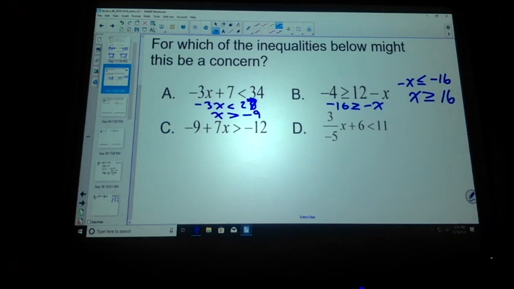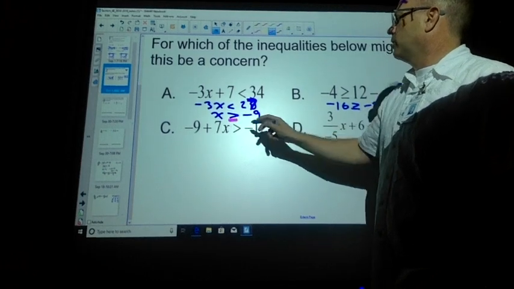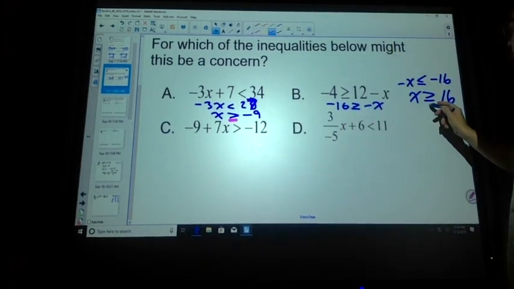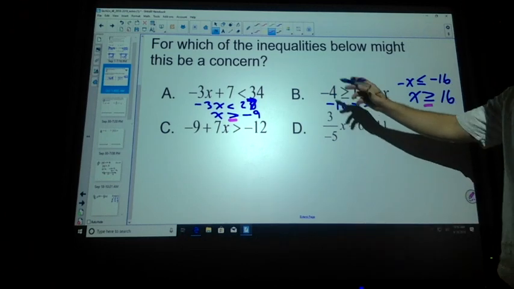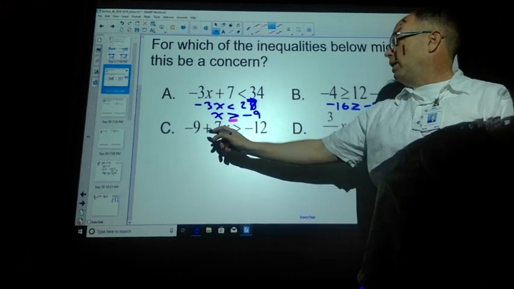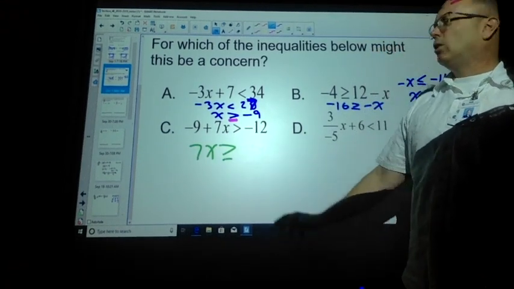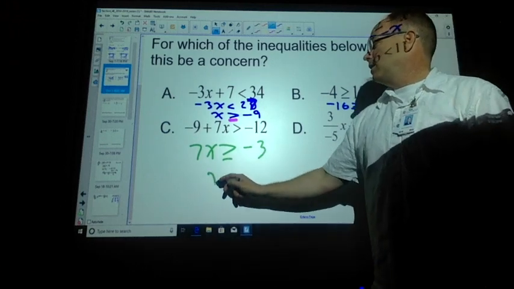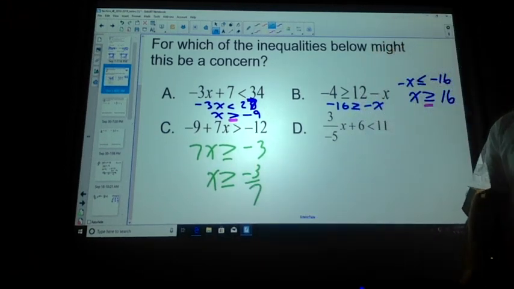Well, letter A is not too bad. You have to remember that you have to flip the sign here. I'm just underlining it in pink and flip the sign here. Those are concerns. B, sometimes you might have to flip it backwards. Let's see on this one. I'm going to add 9, so I get to -3. Well, that isn't impossible.